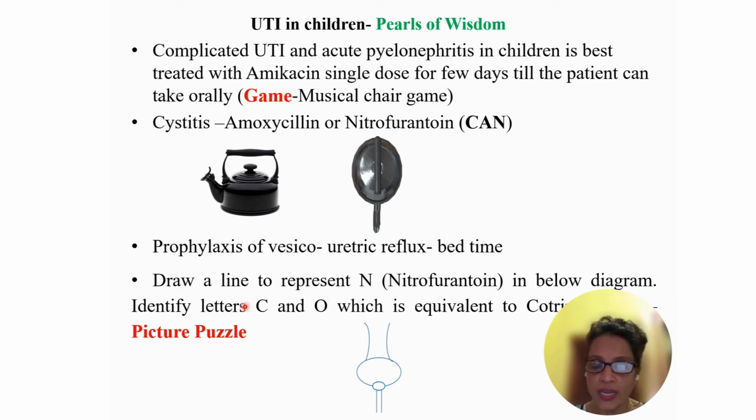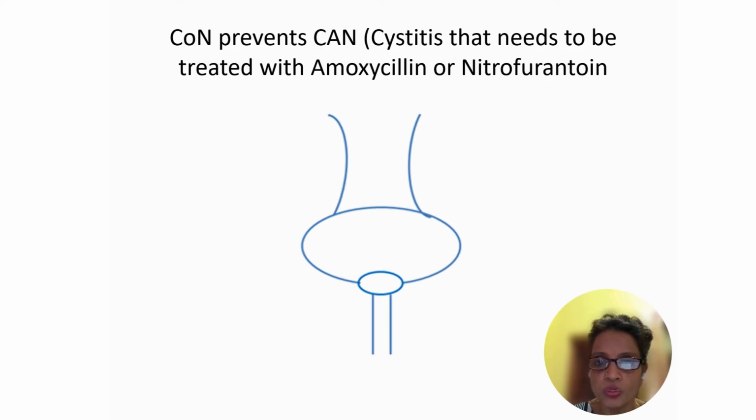Nitrofurantoin and cotrimoxazole. Now the puzzle here again, using this diagram, draw a line to represent N and identify the letters C and O. Let us see how we do this. See here, just one line, this will represent N and this represents C and O.